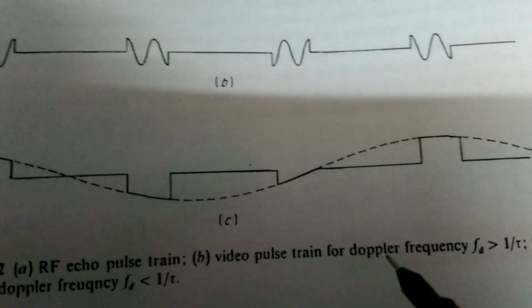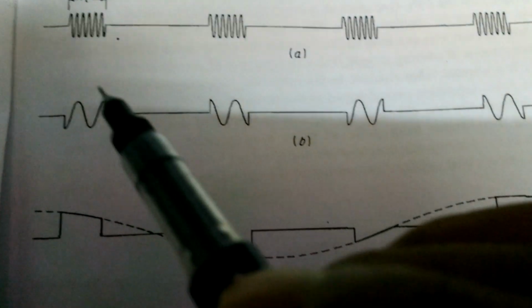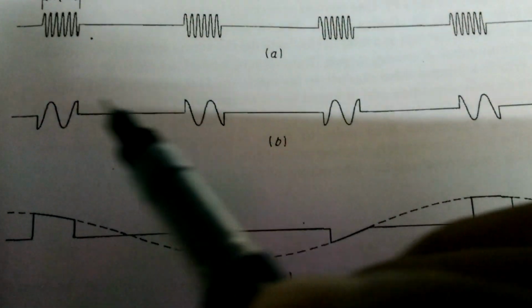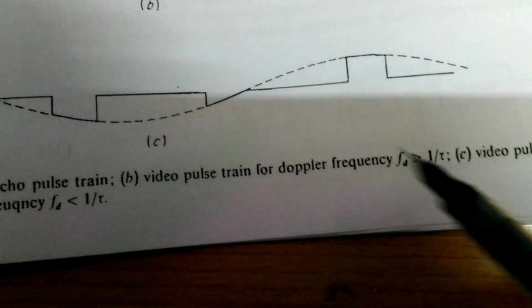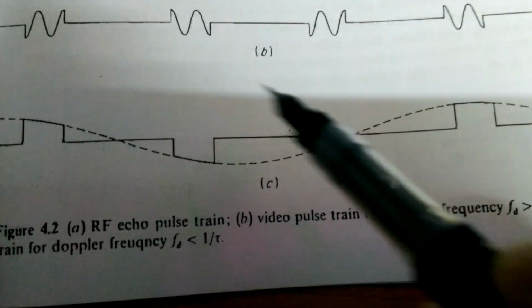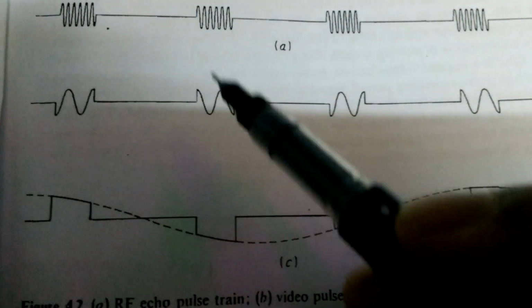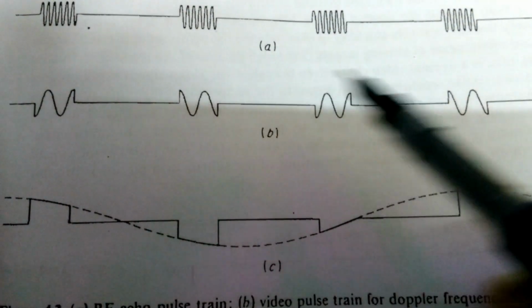Then the video pulse train for Doppler frequency greater than the reciprocal of the pulse width. This is the figure which shows the Doppler frequency is greater than the reciprocal of the pulse width. If you observe this figure, the video pulse train for Doppler frequency less than the reciprocal of the pulse width. If the Doppler frequency is equal, whatever signal we have transmitted, the echo signal is as it is.